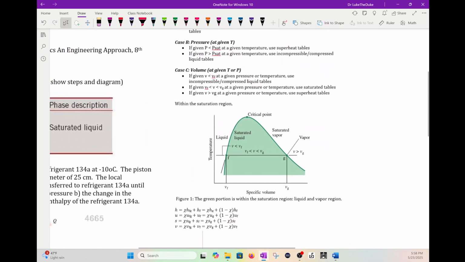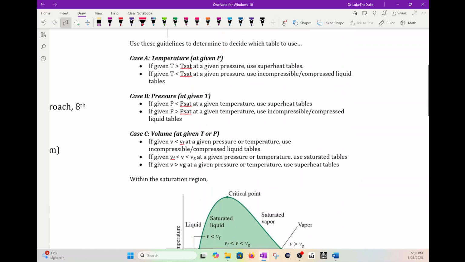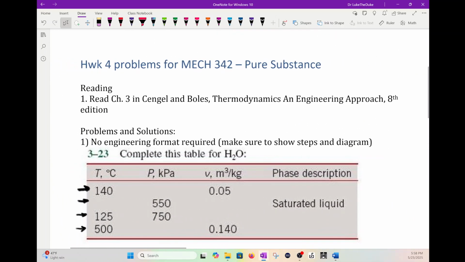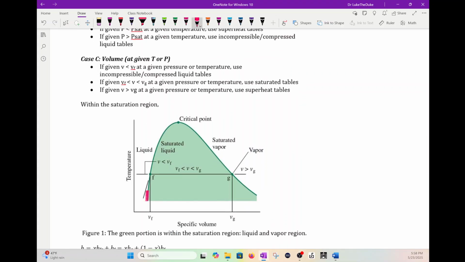The biggest thing for you down here is to draw the vapor dome, identify where you are from the rules above if you're given temperature or pressure, or specific volume, or in this case it's a saturated liquid, which means it's on this side of the curve. Draw the vapor dome, figure out where you are, and then you can figure out your equations.